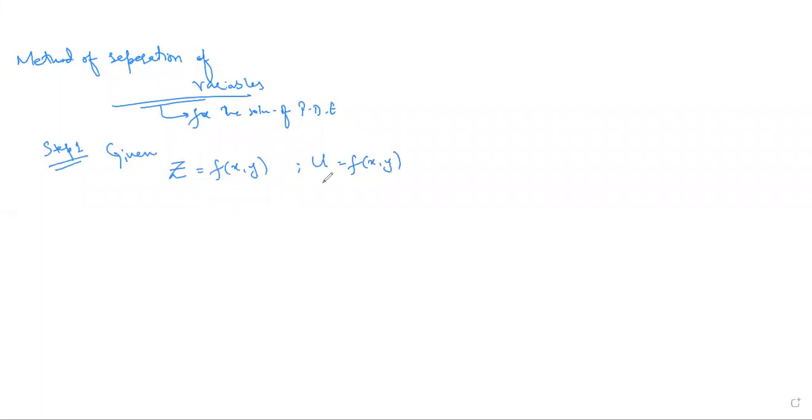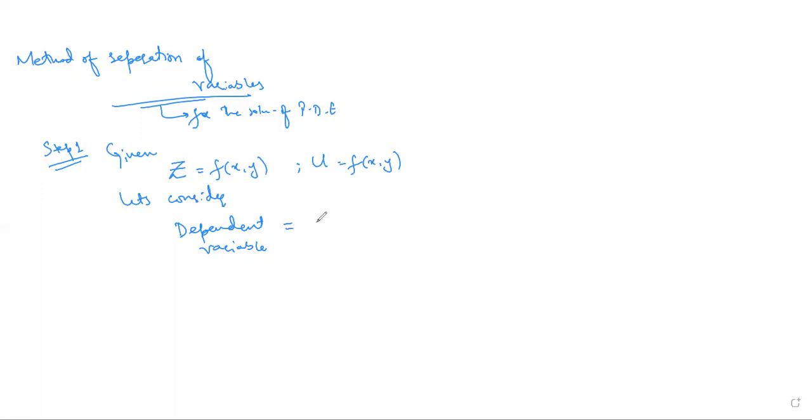So in the first step we have to split, or let's consider, your dependent variable, which is of course a function of x and y, equal to two new variables.